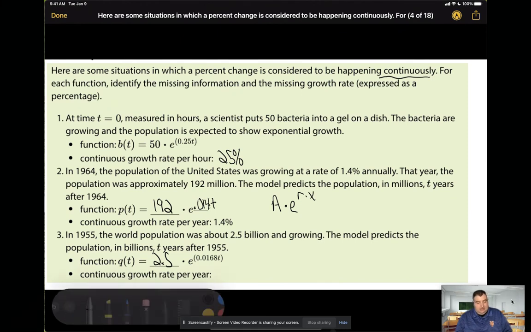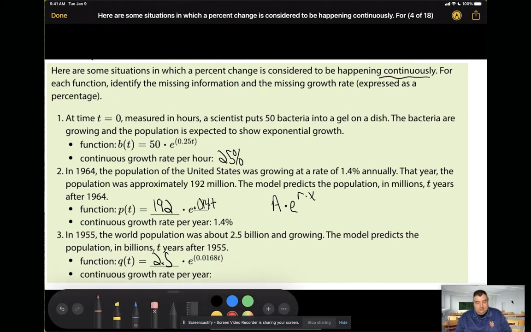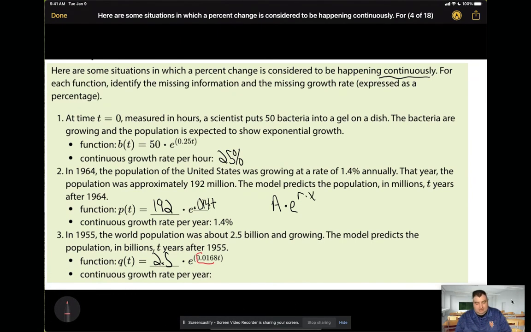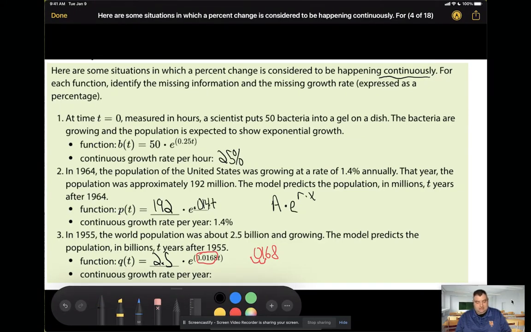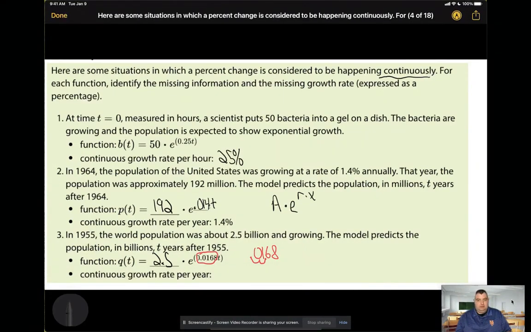Okay. And then right here is my growth rate, 0.0168. Okay. So as a percentage, that's going to be 1.68%. So my growth rate is 1.68% per year.